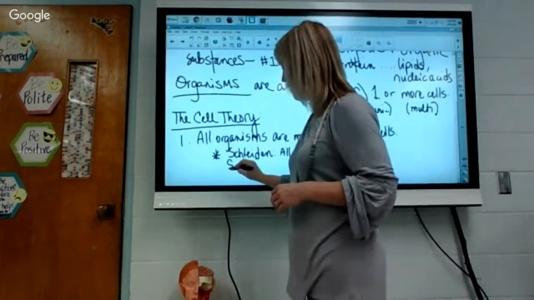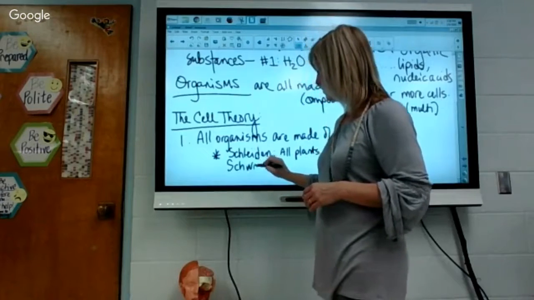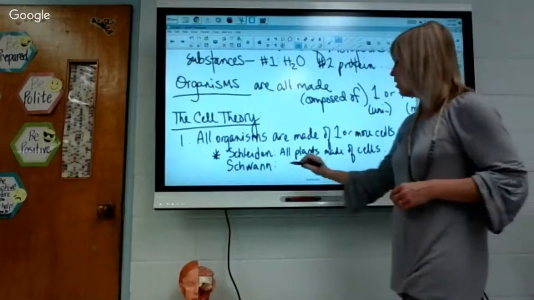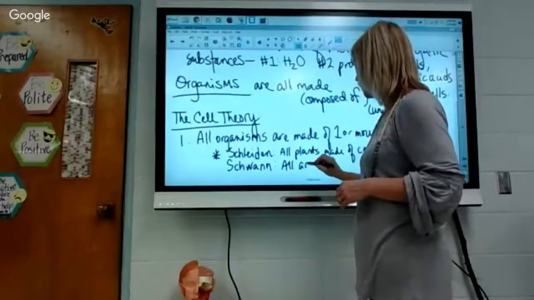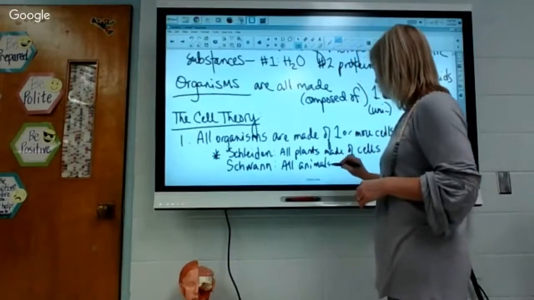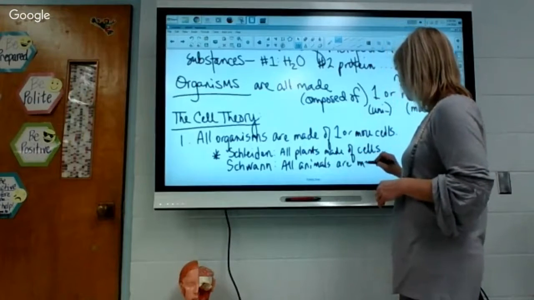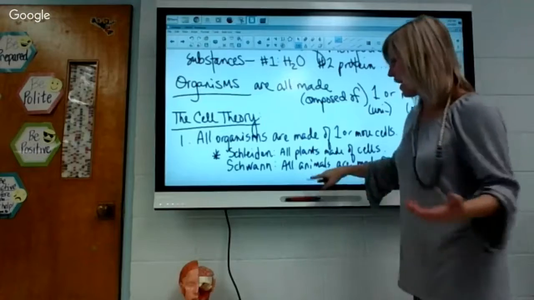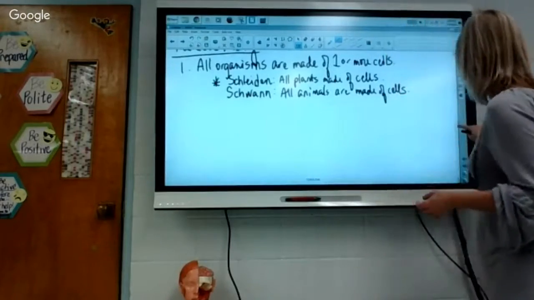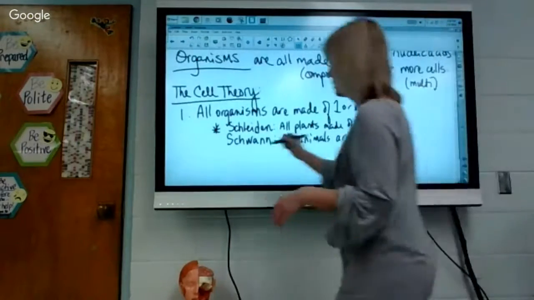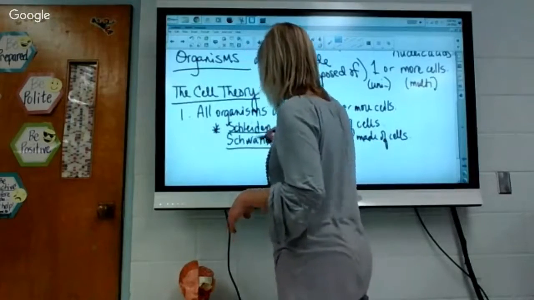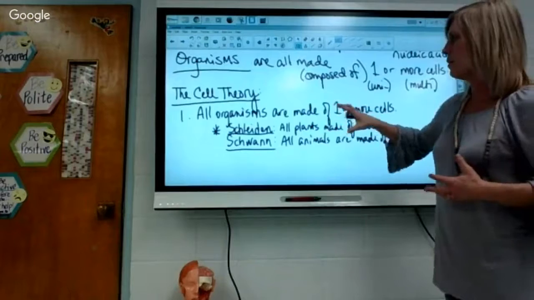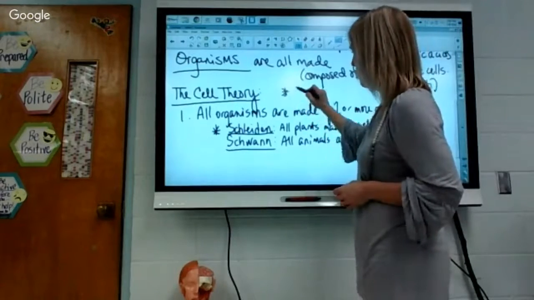Well, that was stated before Schwann says that all animals are made of cells. And several folks thereafter said that lots of other organisms, the protists and the bacteria and the fungi, are too. Before these fellas, though, there's a guy by the name of Robert Hooke.